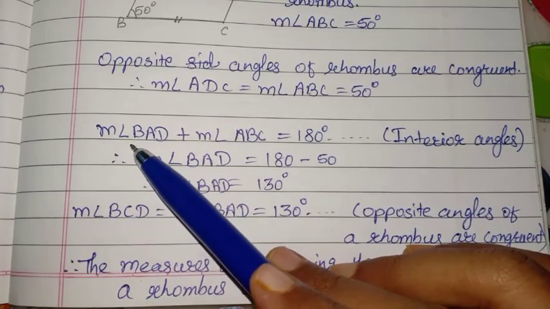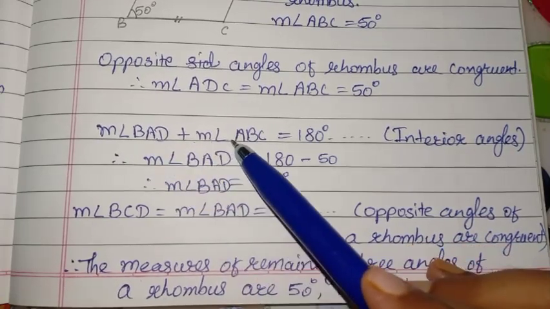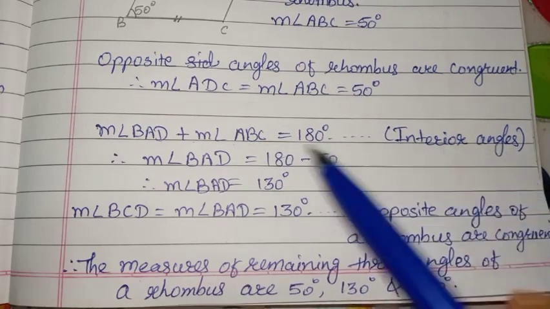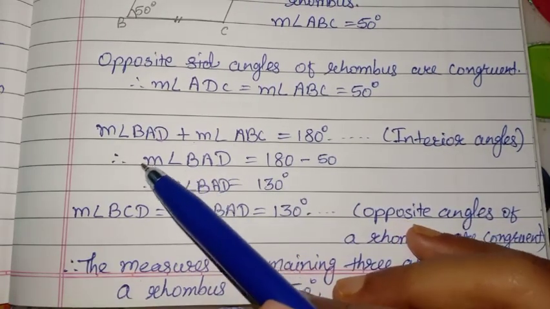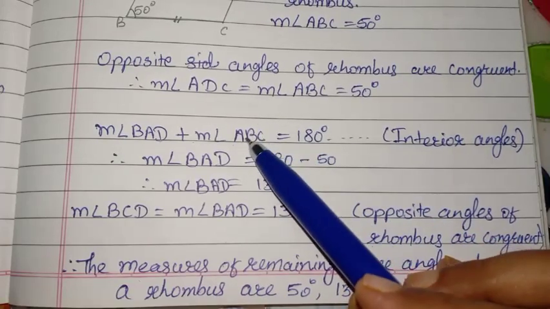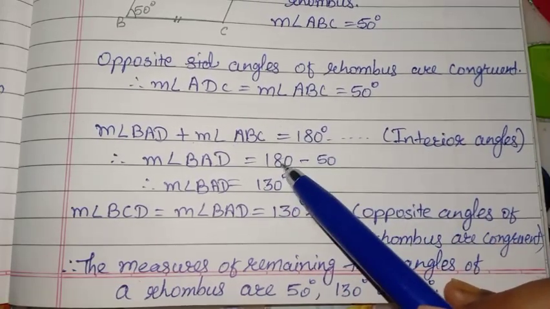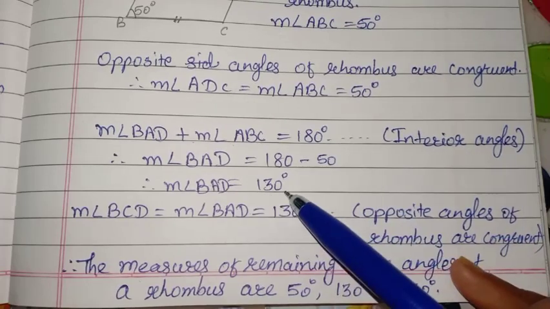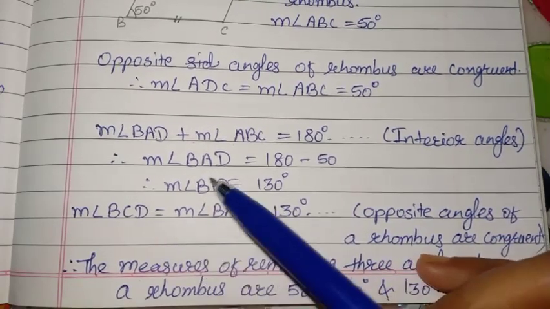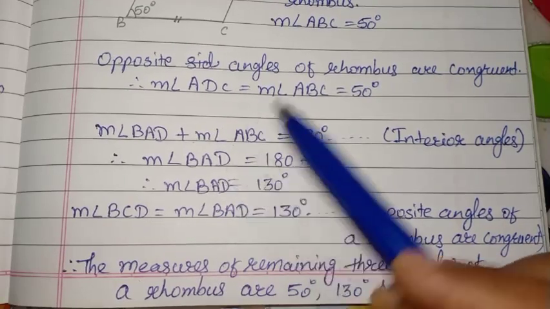Now, measure angle BAD plus measure angle ABC is equal to 180 degree because these are interior angles of quadrilateral. So measure angle BAD is equal to 180 minus 50 because ABC is 50 degree. So we can write 180 minus 50, that is 130 degree. Now this BAD and BCD, these two angles are also opposite angles like this.